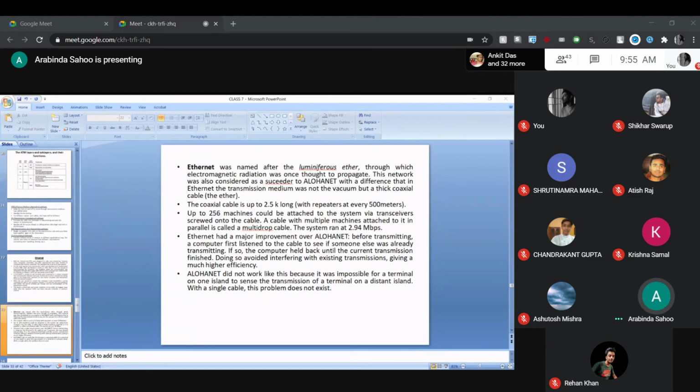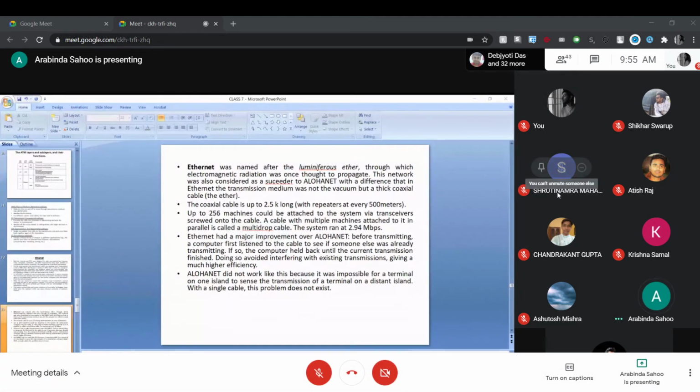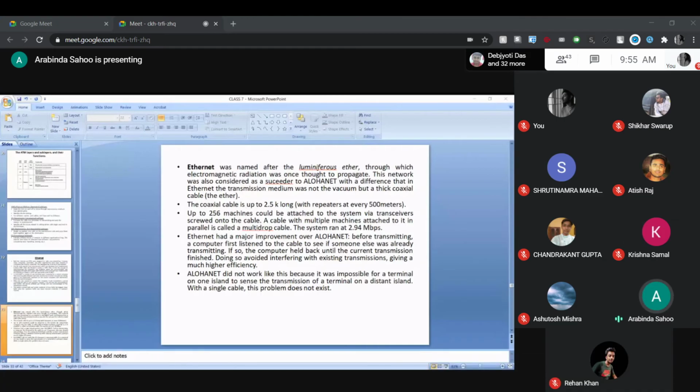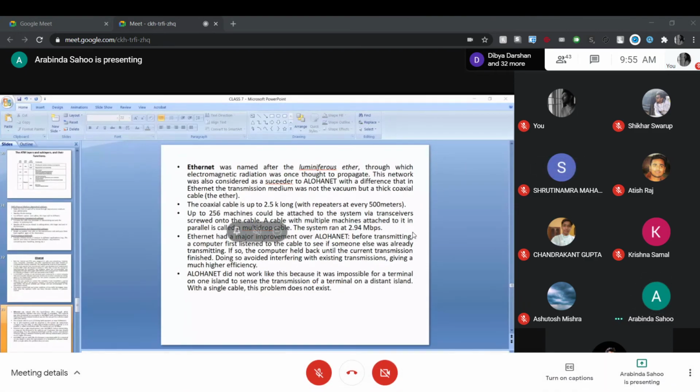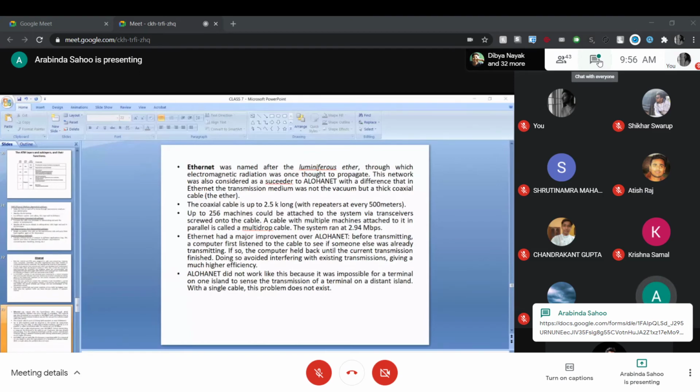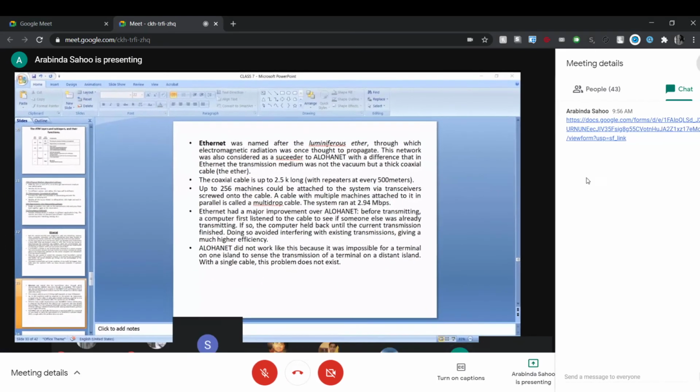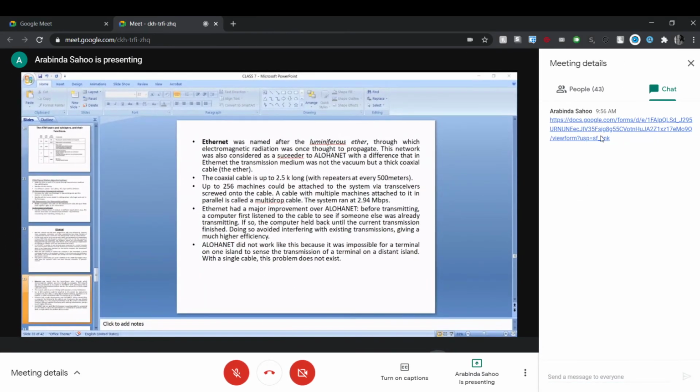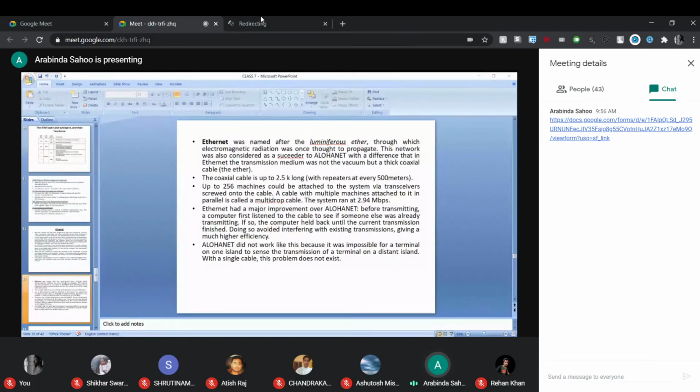Refer to the chat box, simply go through the link and appear for the quiz test. Once you complete the quiz test, you may leave and join your next class.